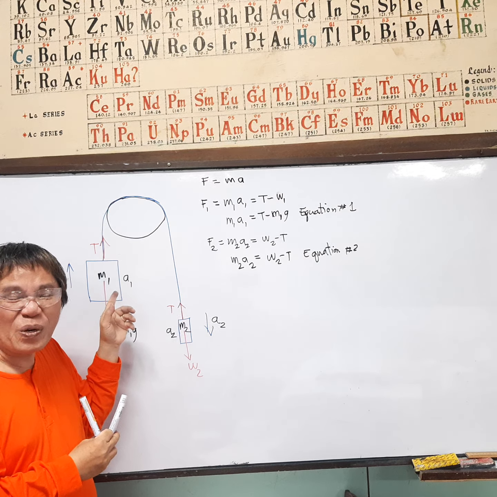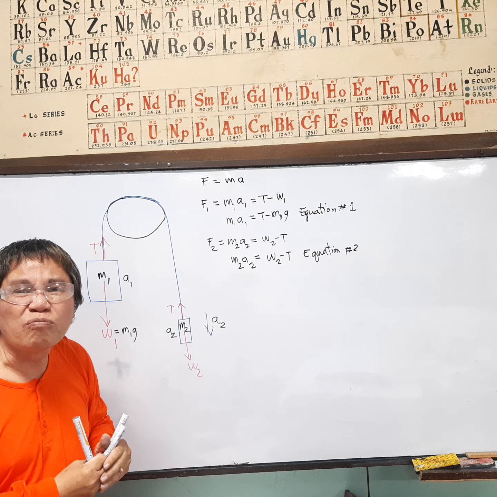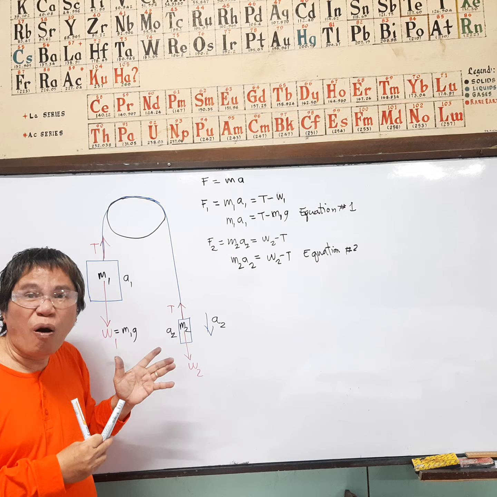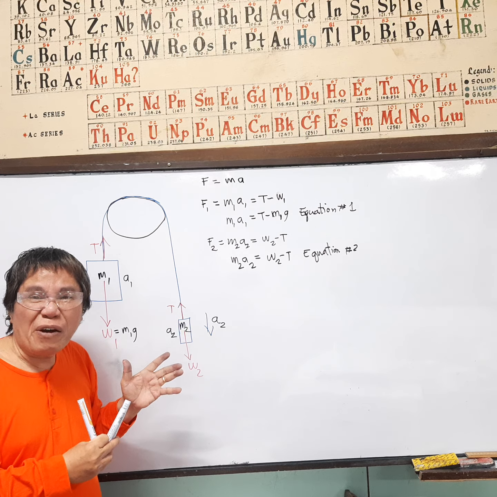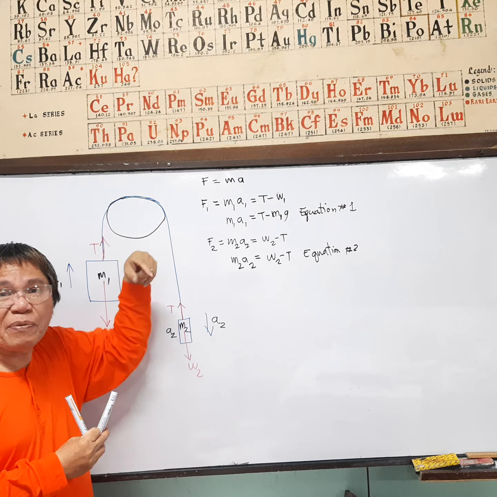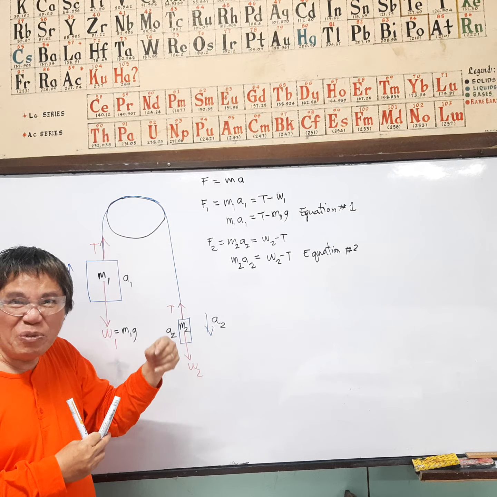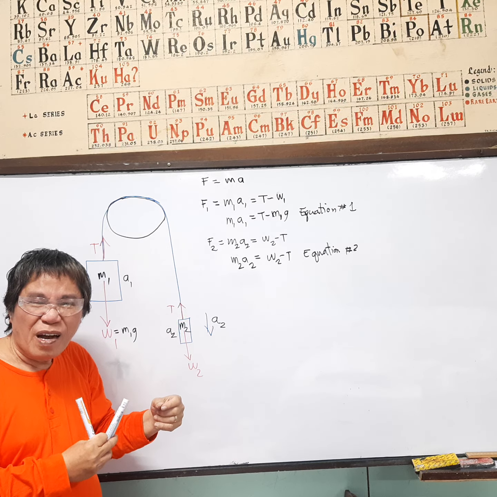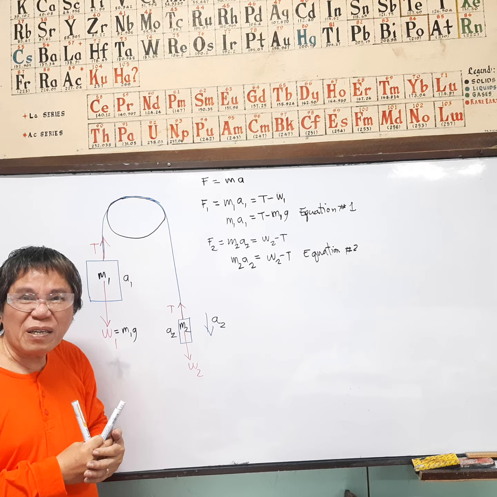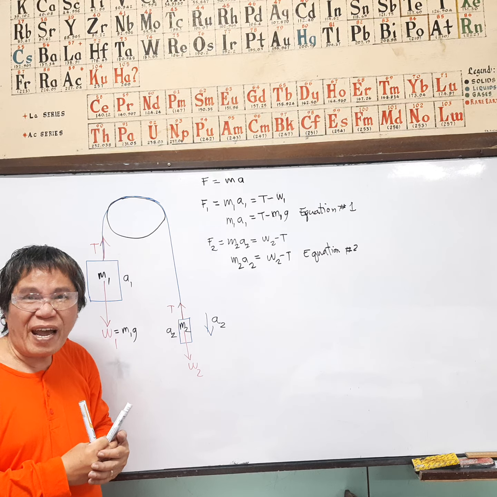Therefore, what is your conclusion with their acceleration in terms of magnitude? In terms of magnitude, how fast or how slow. But in terms of direction, opposites. One is going up, the other is going down. But in terms of magnitude, what do you think their magnitude of the acceleration A1 versus A2?